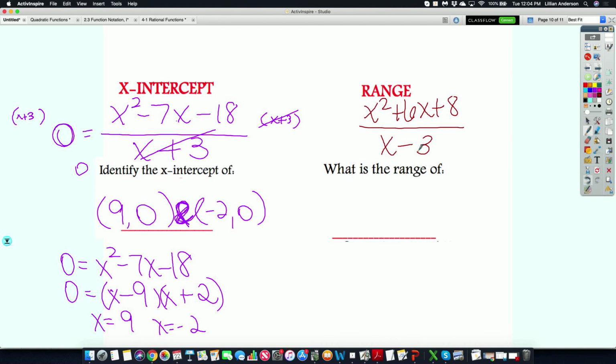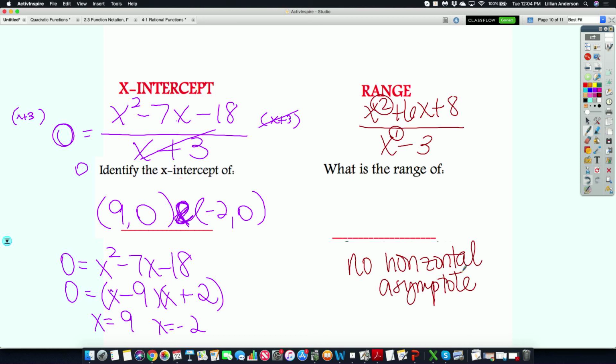When we do the range, what affects our range? The horizontal asymptote. So we need to find the horizontal asymptote of this. To find the horizontal asymptote, we look at the what? What's the degree of the numerator? What's the degree of the denominator? There is no horizontal asymptote. There's a slant one. But the thing is, slant asymptotes don't affect your range, only horizontal ones do.